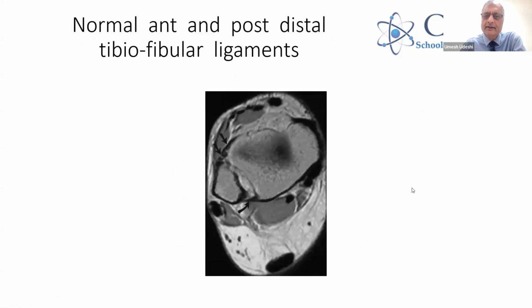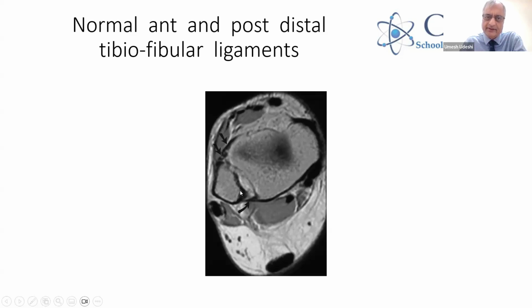Oh, actually, and then this, I didn't have a diagram, but just above that level, at the distal tibiofibular synchondrosis, you should be able to see the anterior and the posterior distal tibiofibular ligaments. And as I said before, ligaments are always dark, always black on all MRI sequences.